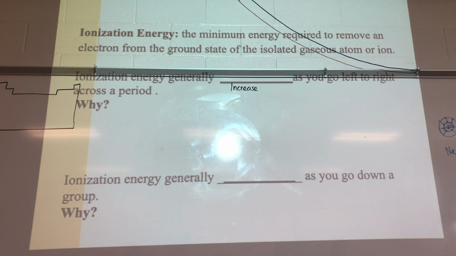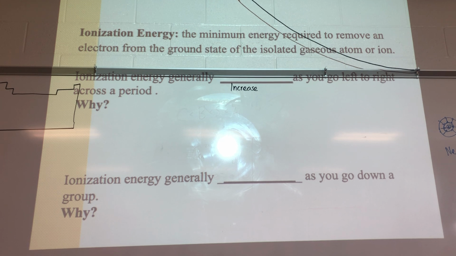The smaller one can hold on tighter. You're totally right, that's a great point. Francium has a very strong nucleus, but when you're talking about removing the furthest electron, it's so far away.